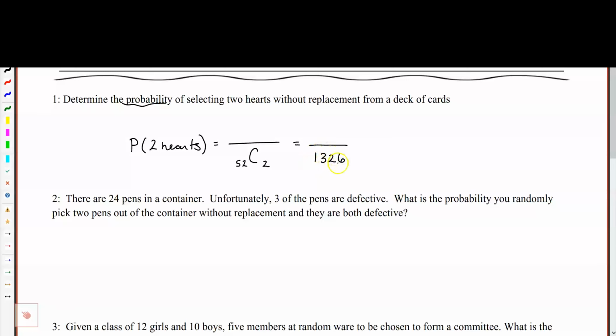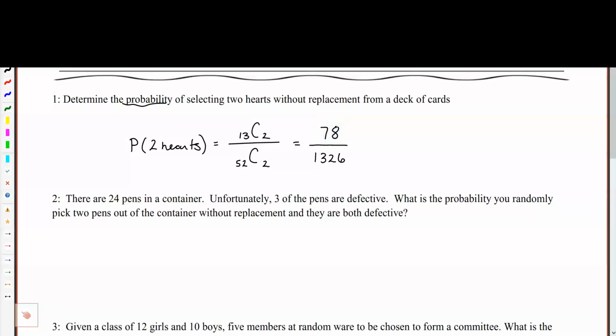Now out of these total ways, let's find out how many ways we could select 2 hearts. So now we'll start building our numerator. How many ways can this event be satisfied? Again, order doesn't matter, so this will be a combination. There are 13 hearts total in the deck, and out of those 13, we want to pick 2 of them. So the numerator will have 13 choose 2, which evaluated would be 78.